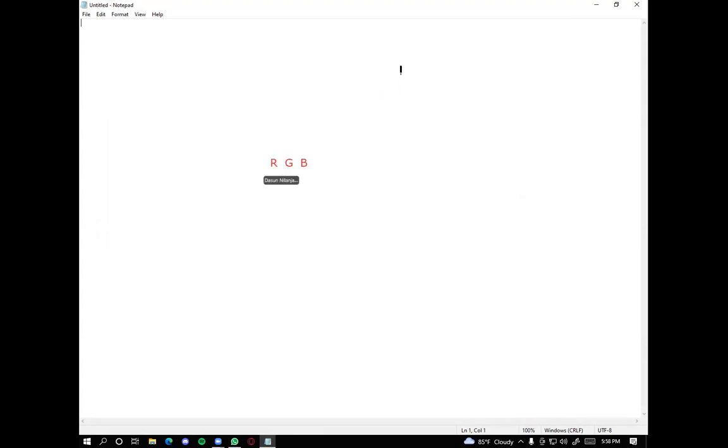Each of these colors has an 8-bit code. Not only one; all three have 8 bits. A bit is a binary digit.